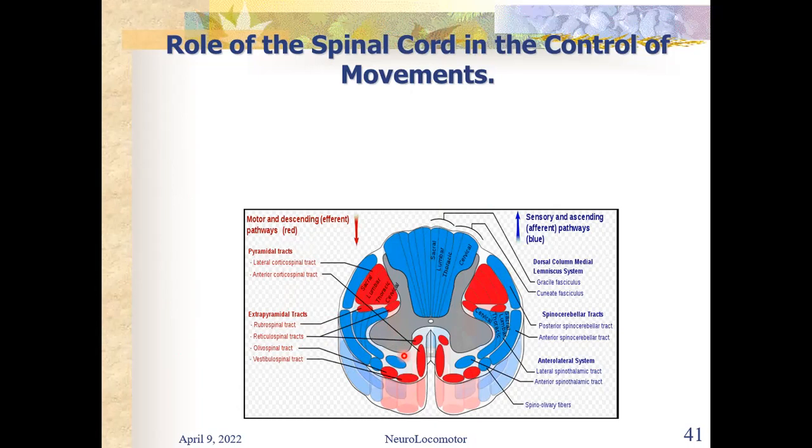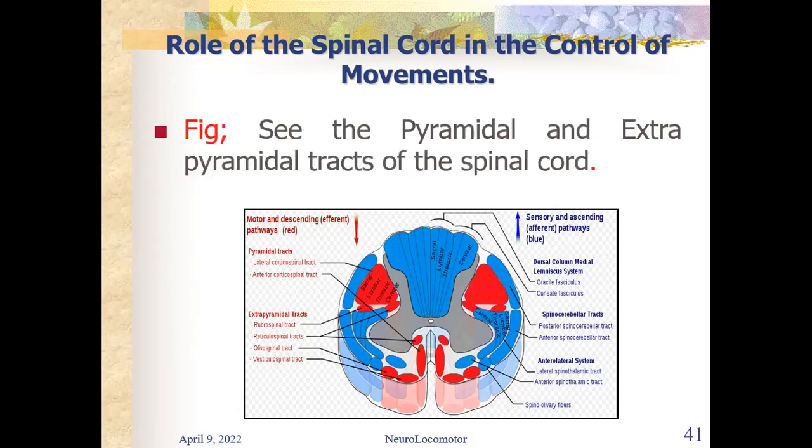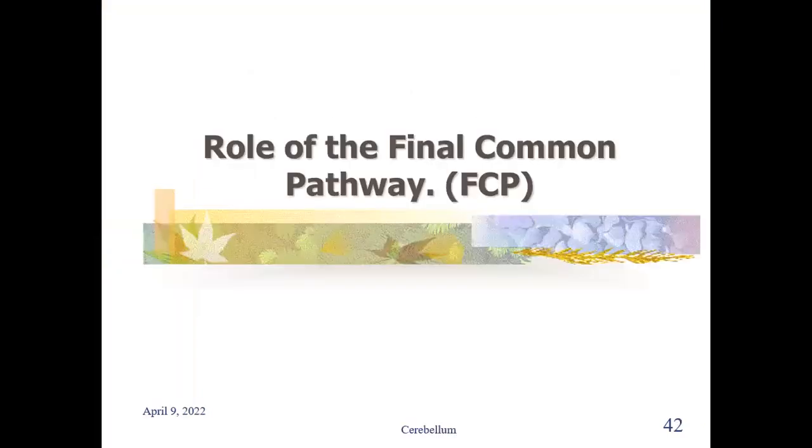That is the main role of the spinal cord in the control of body movements. It won't be possible for the descending tracts, be it pyramidal or extrapyramidal, to make synapses with the lower motor neurons without the presence of the spinal cord. This figure shows you the pyramidal and extrapyramidal tracts of the spinal cord.